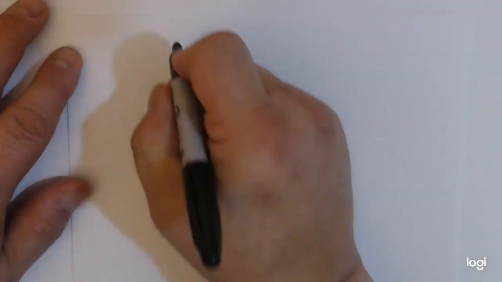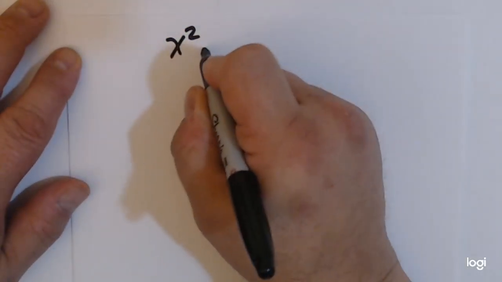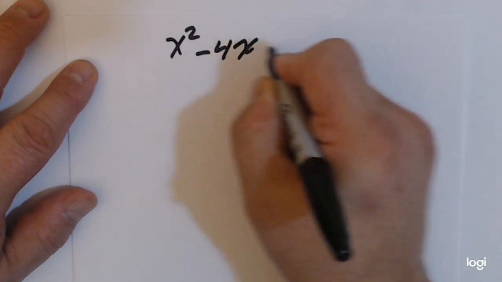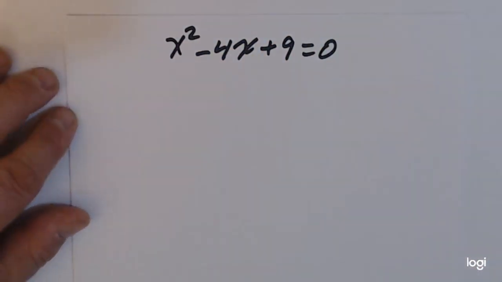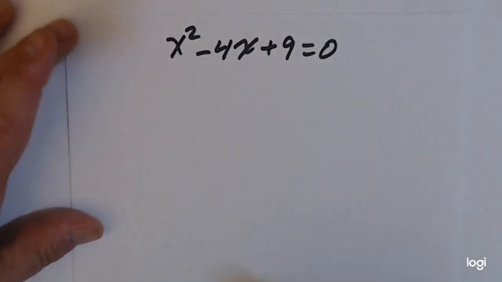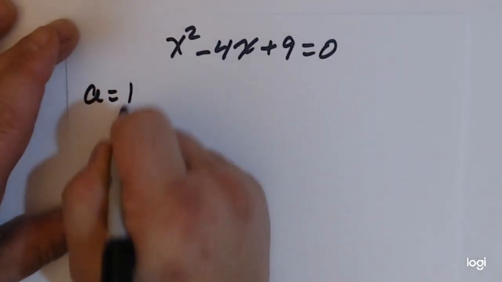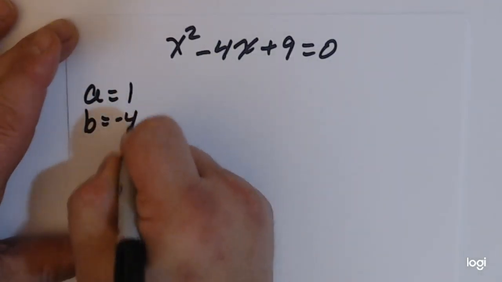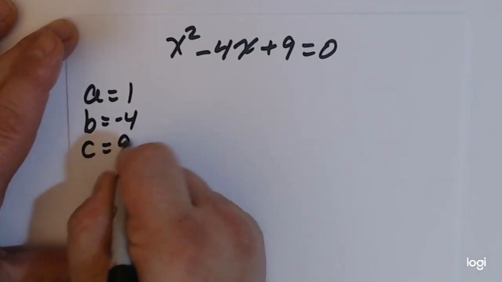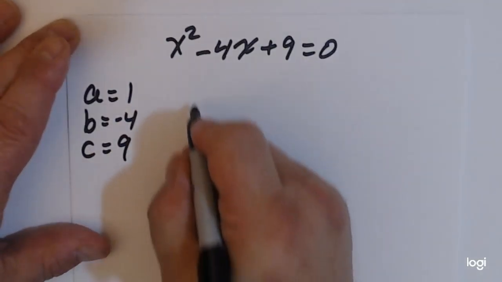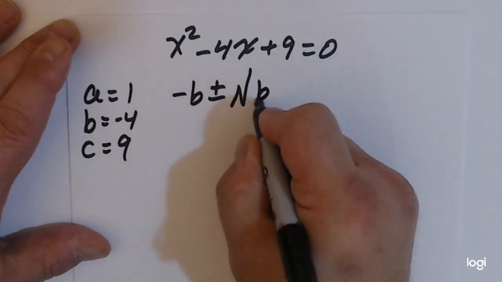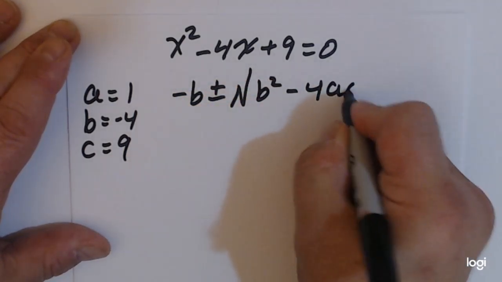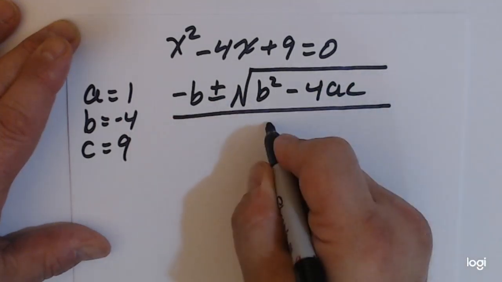Oh, this looks relatively easy. X squared minus 4x plus 9 equals 0. So we know that A equals 1, B equals negative 4, C equals 9, and our quadratic formula is negative B plus or minus the square root of B squared minus 4AC over 2A.